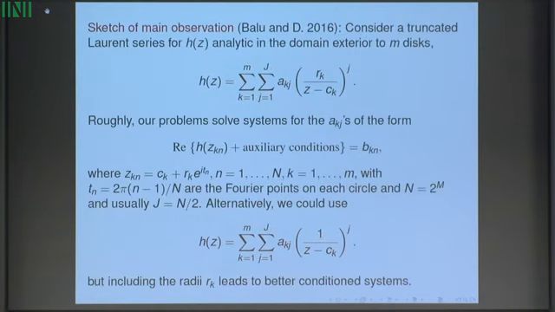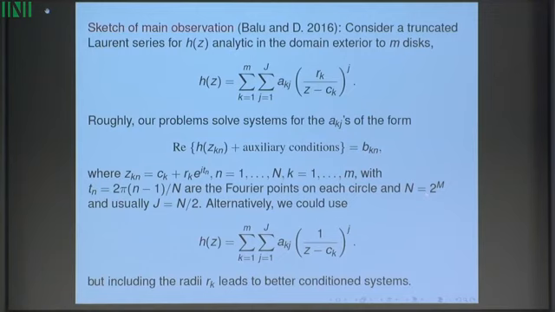So here's the main observation. I've tried to make this a simple example I did with a student with a scalar Riemann-Hilbert problem in a multiply connected domain. Roughly speaking, if you're looking to find a Laurent series, we're solving problems where the real part of this thing plus some auxiliary conditions is equal to some right-hand side.